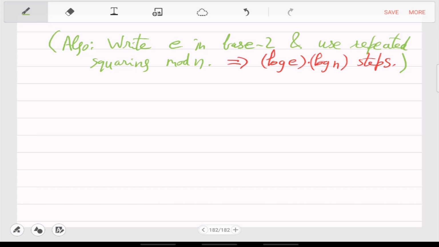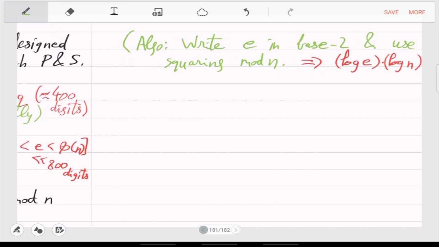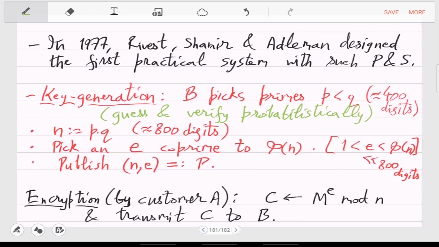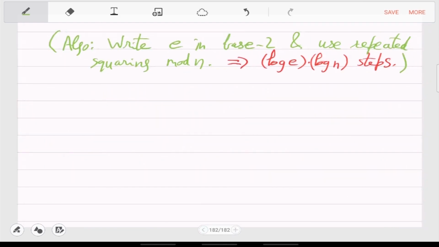So log n is definitely around 800. It's actually more because this is base 2, right? So if you want to be very exact, then this will be around 2000, I guess.